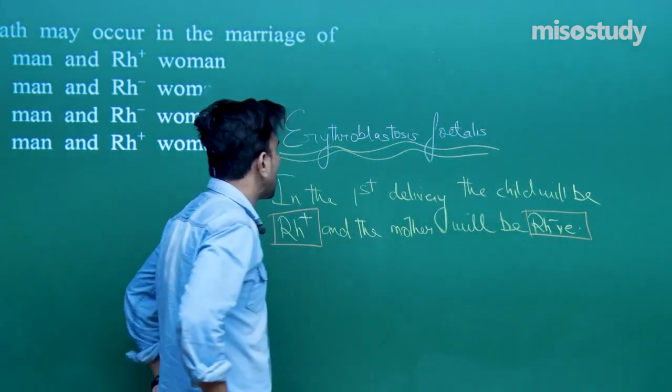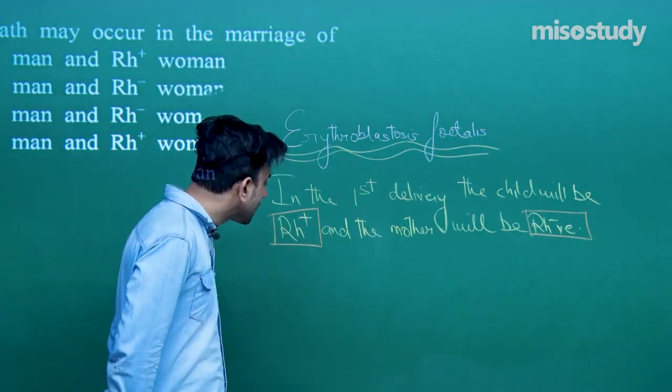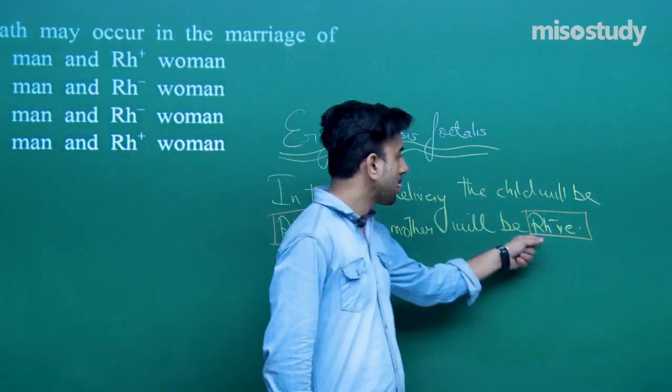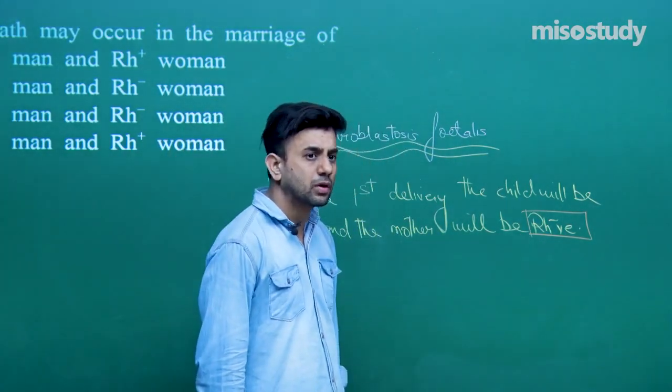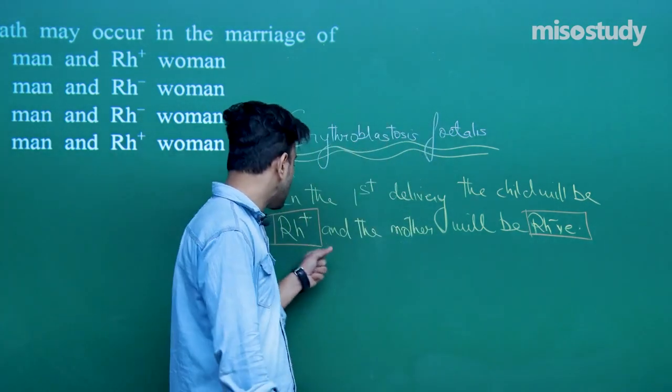So what is happening here in the first delivery is that the child will be Rh positive and the mother will be Rh negative. So the mother is Rh negative and the child is Rh positive.